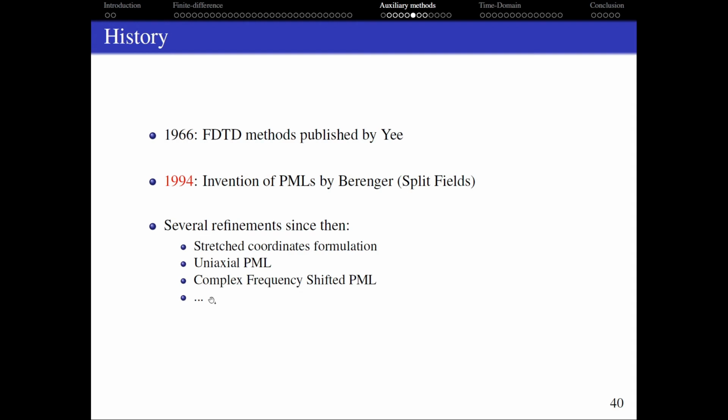You are going to find this stuff in various software, and each one of them has its own properties, its own parameters that need to be defined. In my case, I use the complex shift PML, and it works kind of well.